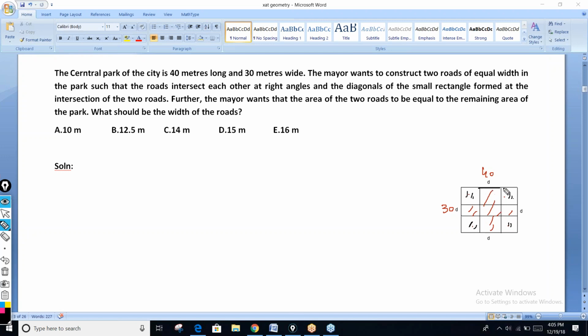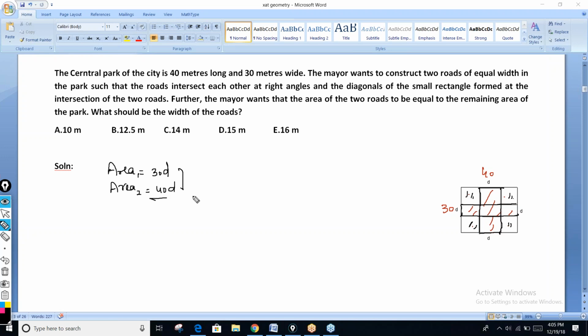So can you see this is D and this is 30? So what is the area of this road? That is a rectangle, D into 30, that is the area of one road, that is 30D. And what is the area of this road? That is D, but that is 40. So area of this road is 40D. So area 1 I'm naming it, and area 2 is 40D.